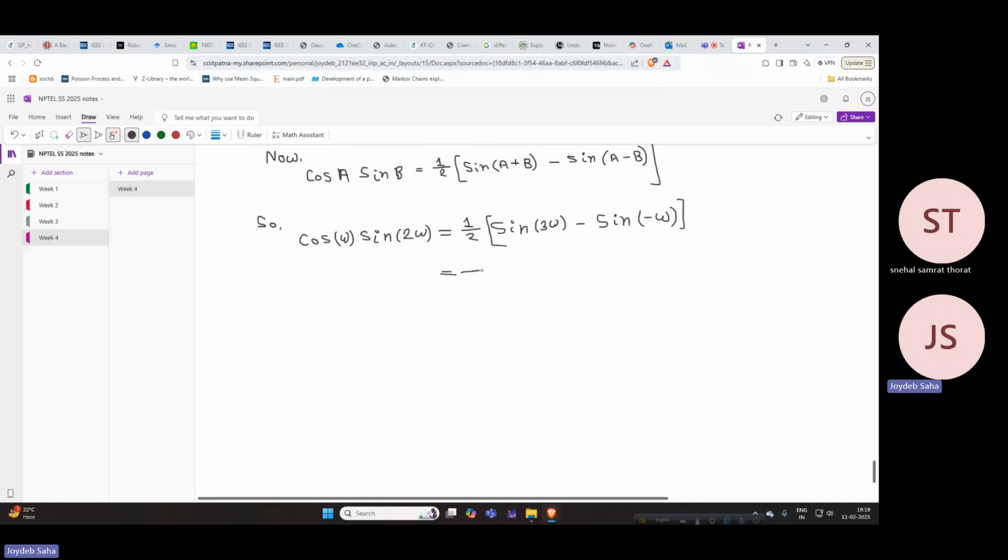So we will get half of sin 3 omega plus sin omega.